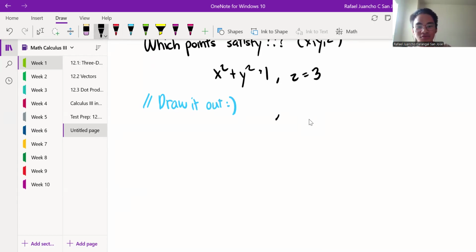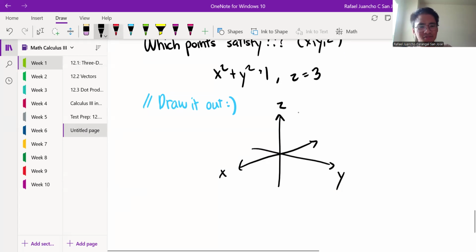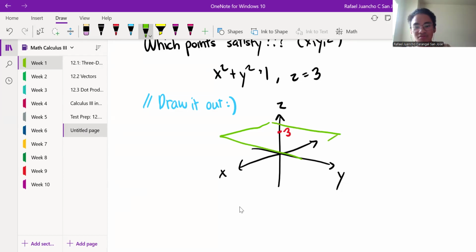So we do our typical x, y, z. Z is 3. Where is z equals 3? Here, right? And what's the surface that represents? Well, it's this one, right?